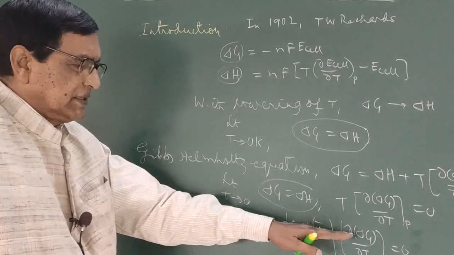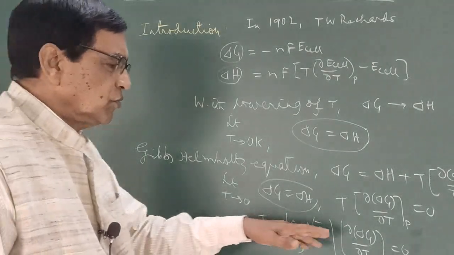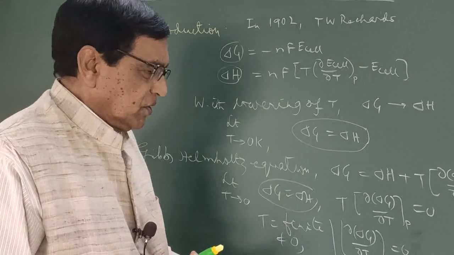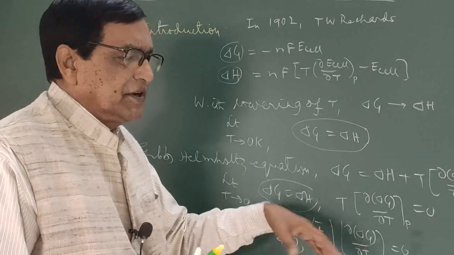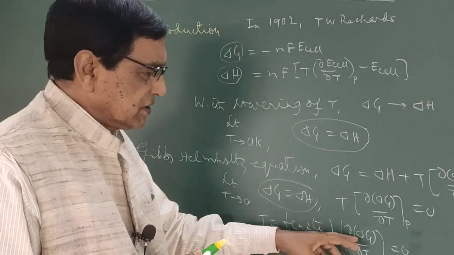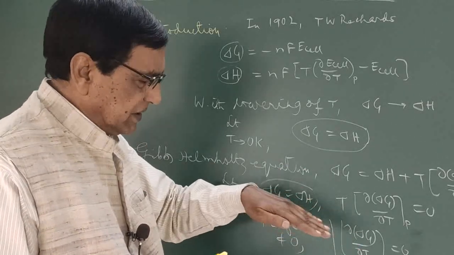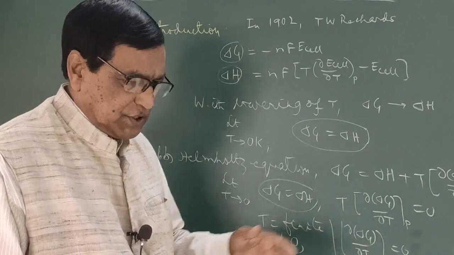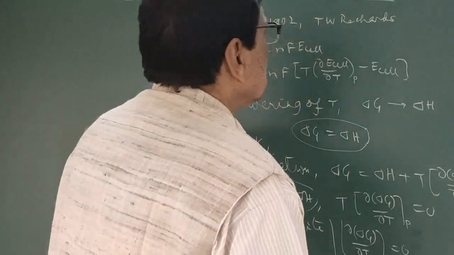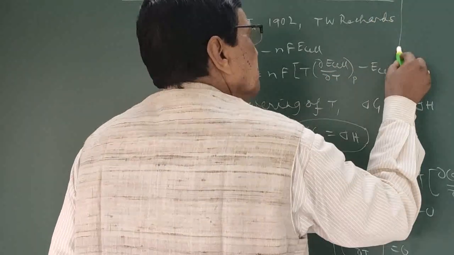So this is the conclusion. It means that with lowering of temperature, delta G remains constant, the curve becomes horizontal and the slope becomes 0.